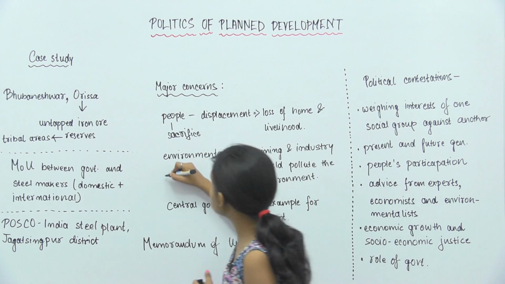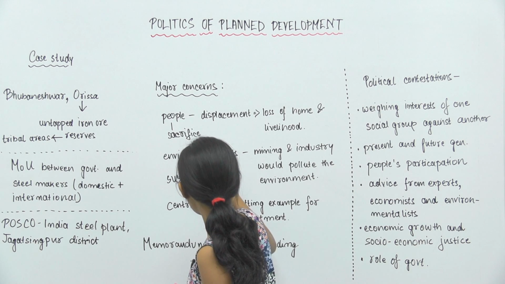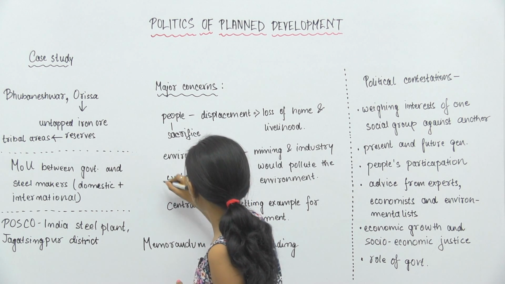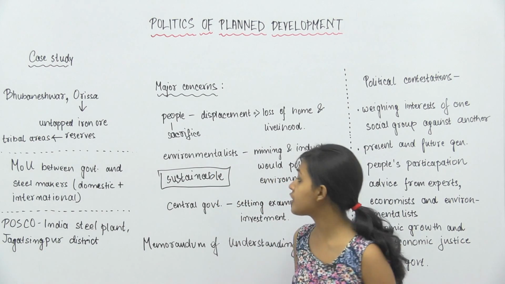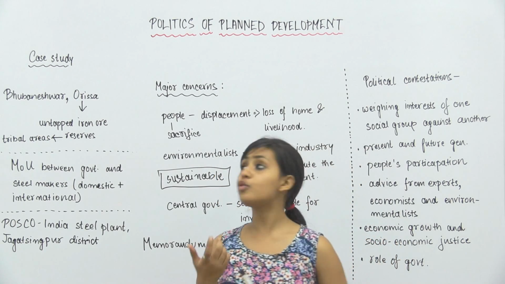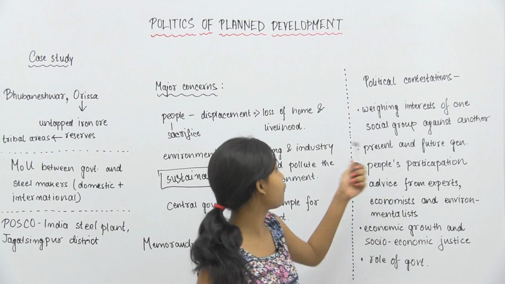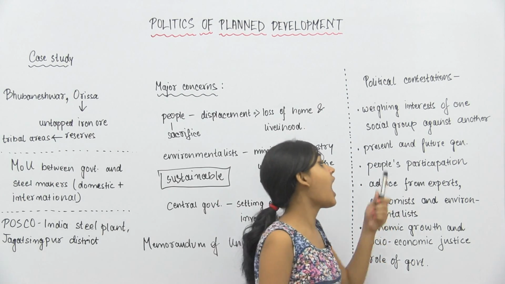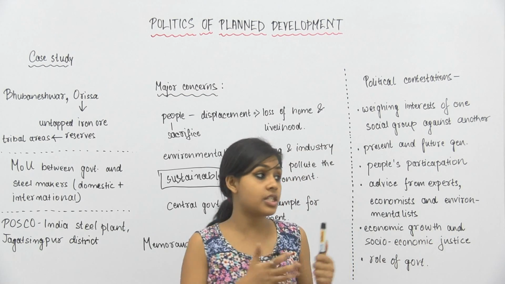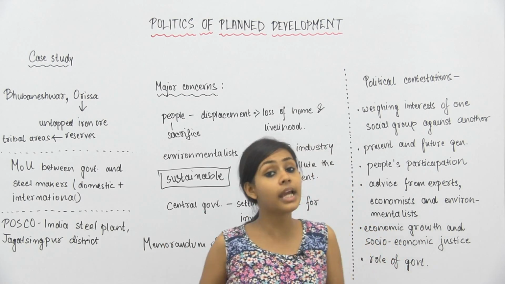This word sustainable is very important, and we have studied this in many of our classes, in many chapters, and in many subjects. So we need to be able to use resources in a very sustainable manner so that it is able to help the present generation, and it is able to stay for the future generations, also without harming the environment.